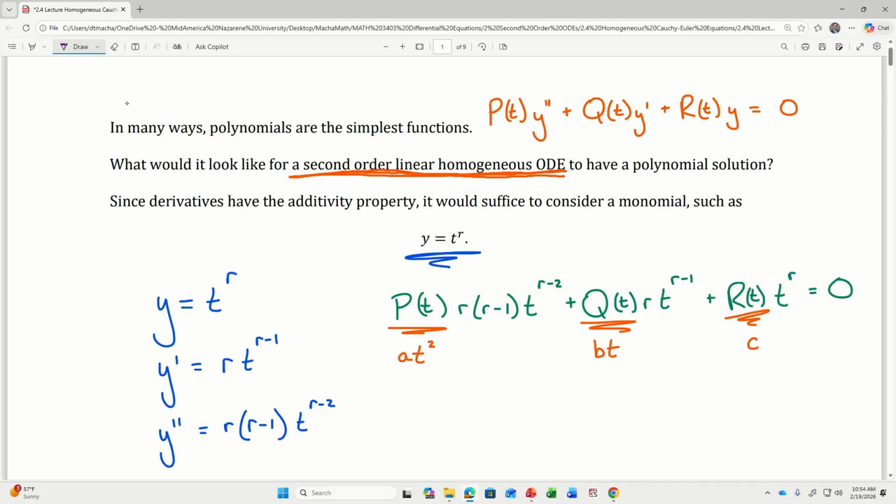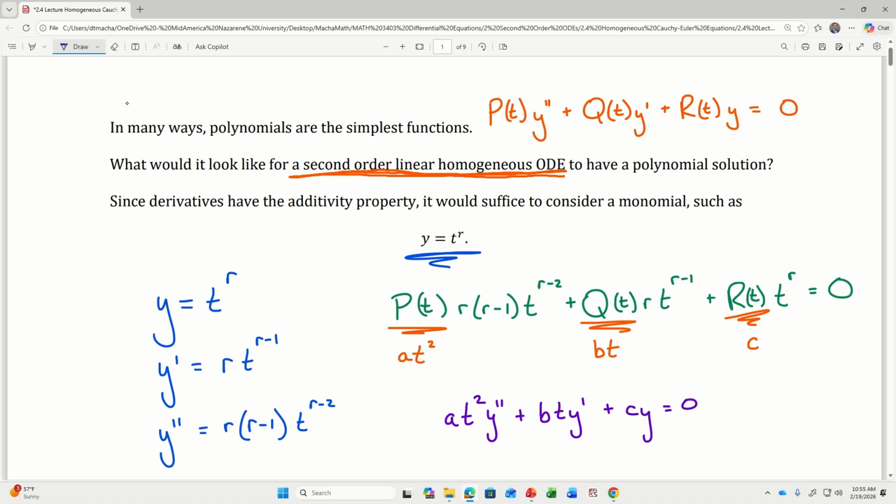And so the form of the equation that would have a polynomial solution would look something like a t squared y double prime plus b t y prime plus c y equals 0.